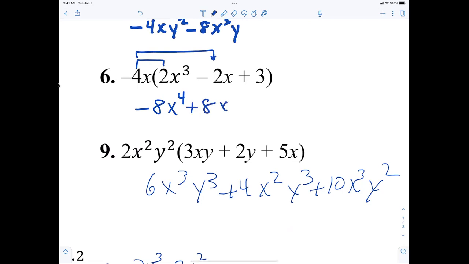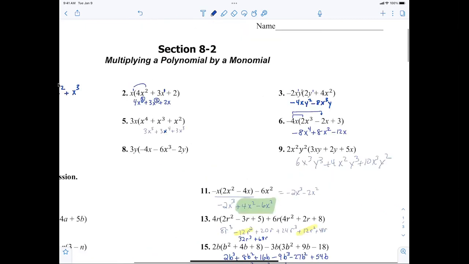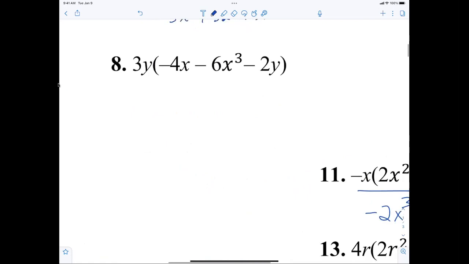That's it. That's all there is. Multiply numbers and do what to exponents? Add. That's all there is. I'm distributing a -4x. Please pay attention. Number 8, go.